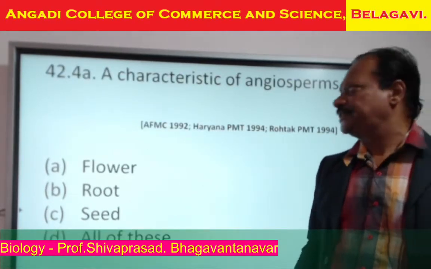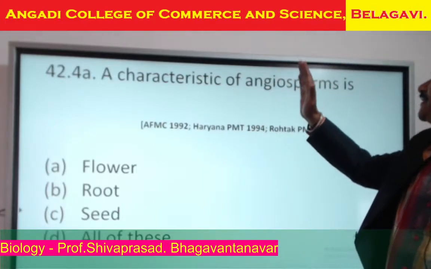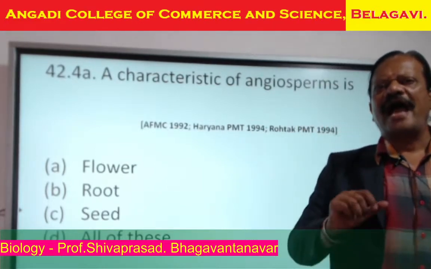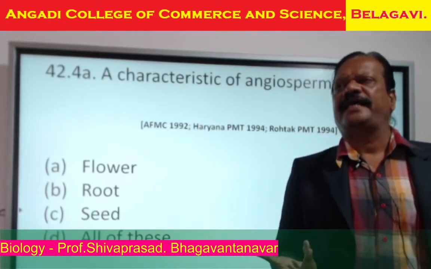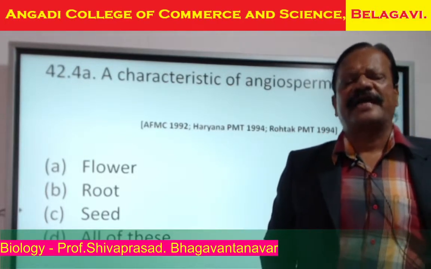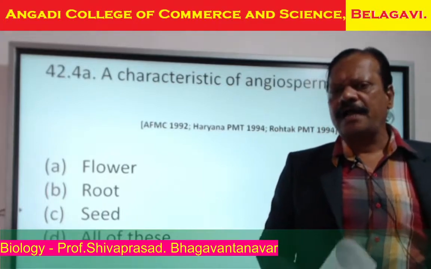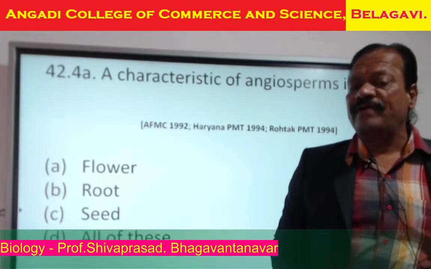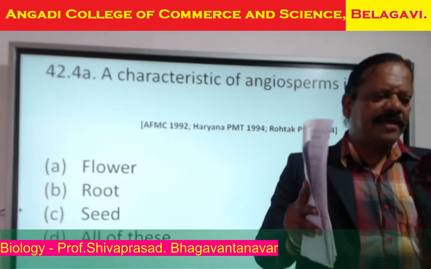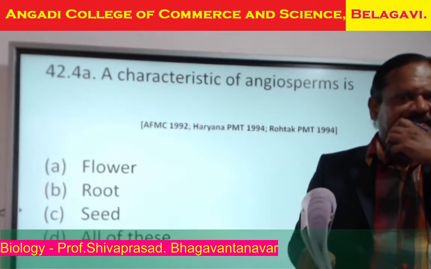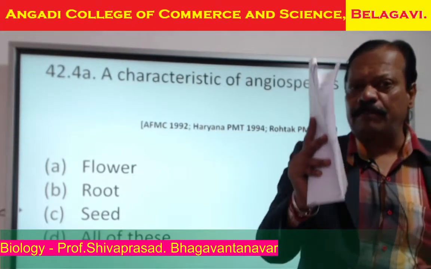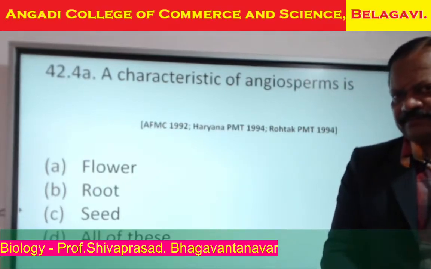The next one you see, a characteristic of angiosperms is, okay, so angiospermic plants, how you are considering, see when you people are going on the field, okay, in the field you can see a variety of plants, and how you can judge whether it is angiosperm or not. Okay, so to find out the angiospermic plant, the simple technique I am telling you, whichever is the plant which produces the flower.